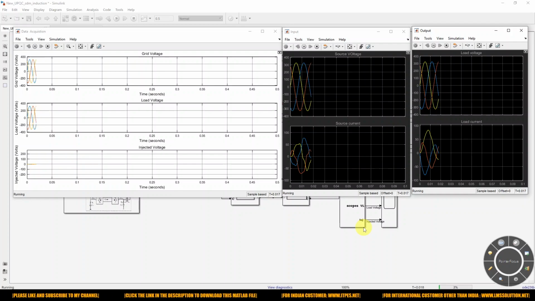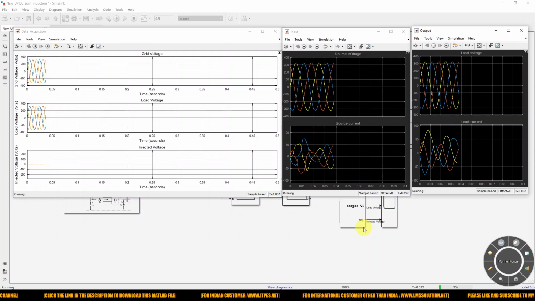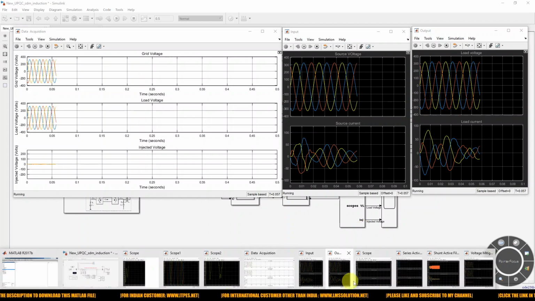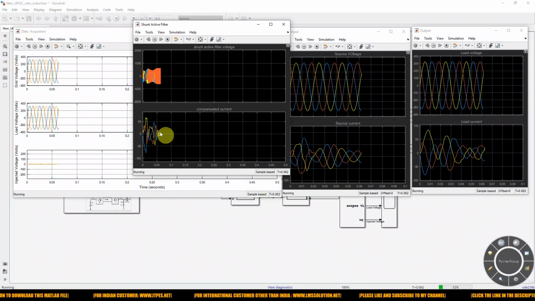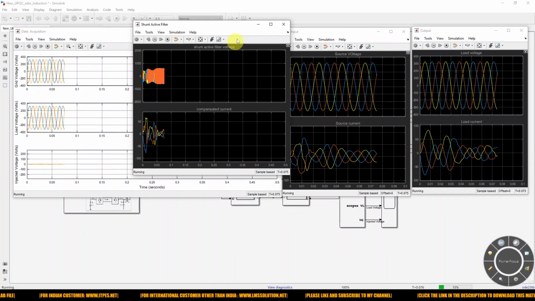For all fault conditions, that means under normal condition, the shunt active filter will work for mitigating the harmonic in the source side. That means it always injects the compensation current to the system, in order to make the source current sinusoidal.